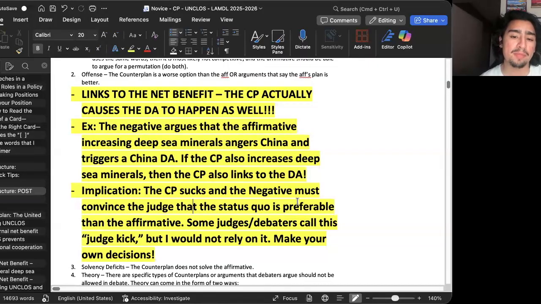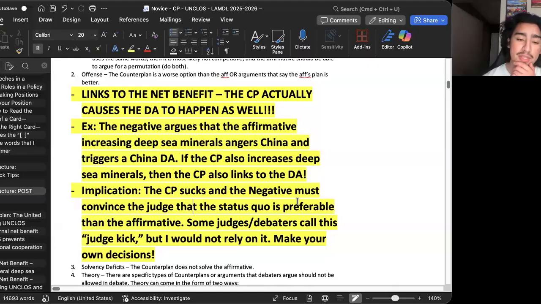So remember, because negative teams have the burden of rejoinder and not the burden of proof, they're not stuck with an advocacy. They're not stuck with the counterplan at all. Because of this fundamental difference in what the burdens are in debate, judge kicking means that the judge kicks the counterplan for you. Let's say the judge decides while making their decision that the negative could have won the debate if they just hadn't gone for the counterplan, if they had just gone for the disadvantage by themselves.